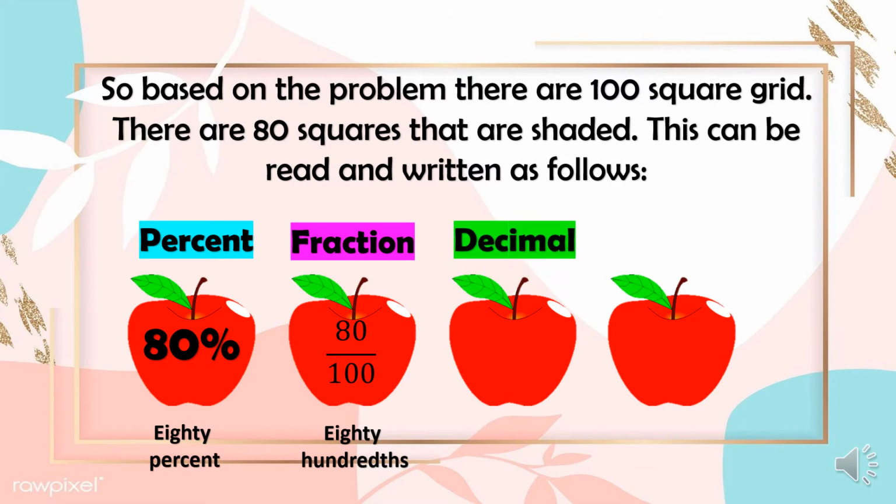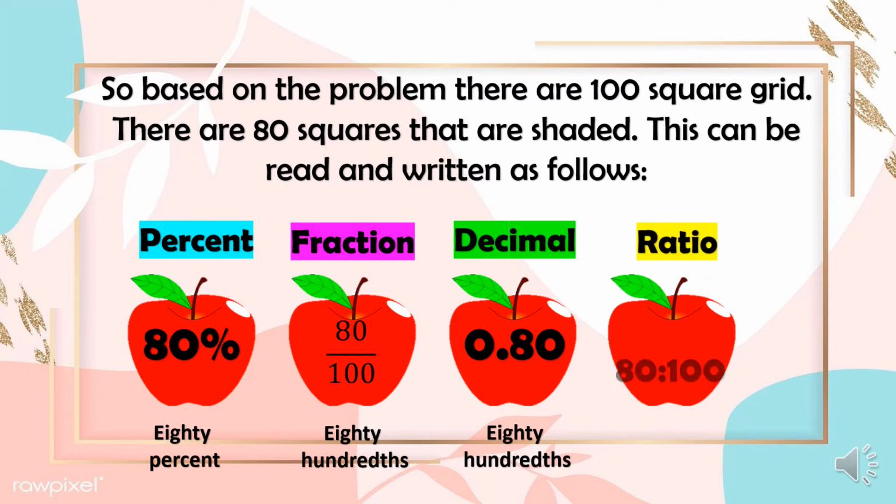And for decimal, we have 0.80, which we read as 80 hundredths. So for decimal and fraction we have the same readings. And then for the ratio, that is 80 is to 100, and we read this as 80 is to 100.